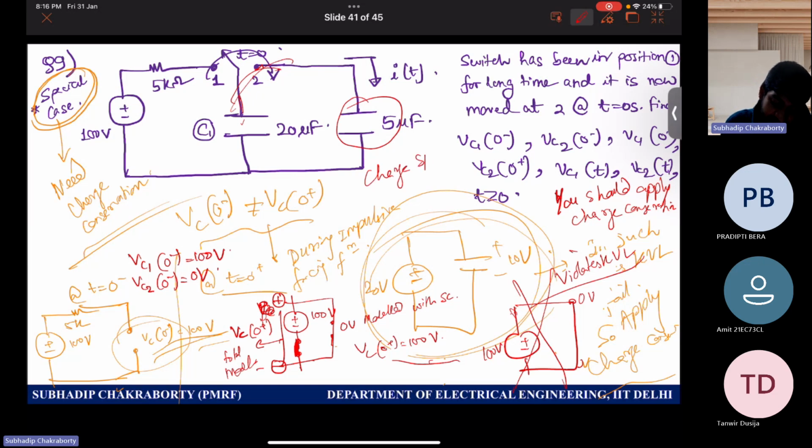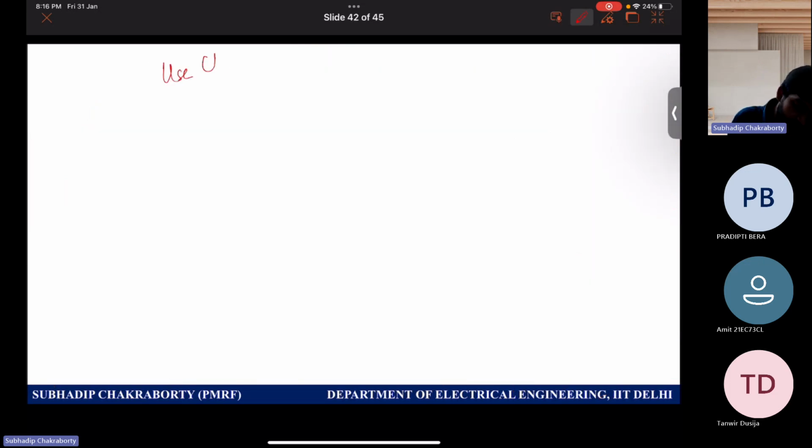So charge splitting will now declare VCs. And how much will this be? Based on the strength of the capacitor. So we use charge conservation, as KVL fails. Okay, the KVL fails, it is okay.